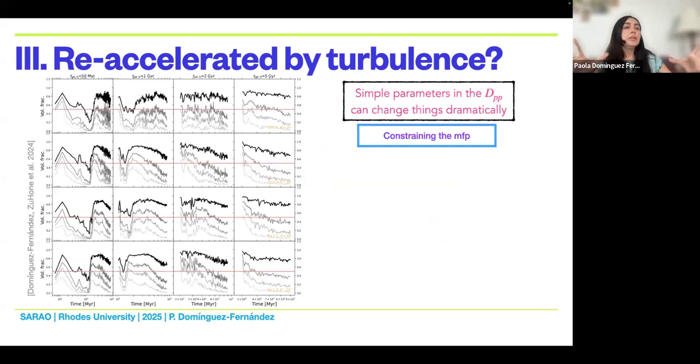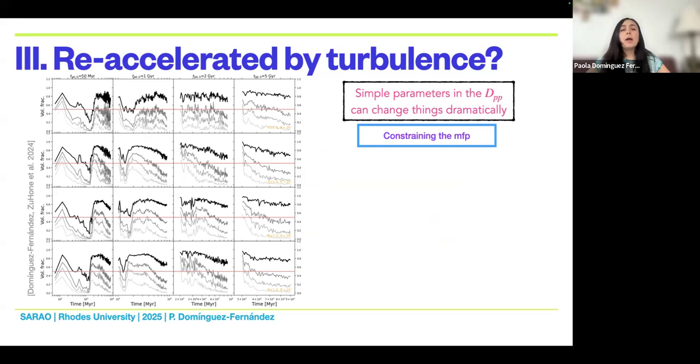This is the last part. Here I am showing you basically the same plot that I showed you in the previous slide, but now you're seeing a bunch of different simulations. Again, on the y-axis you see the volume fraction as a function of time on the x-axis.